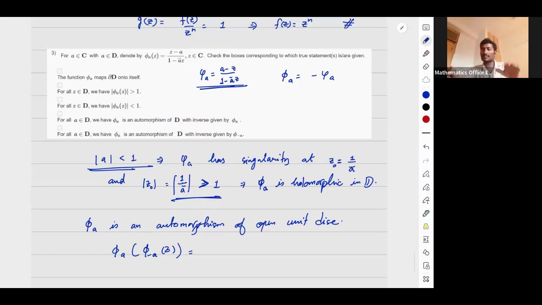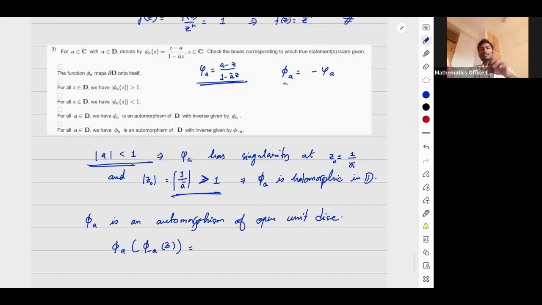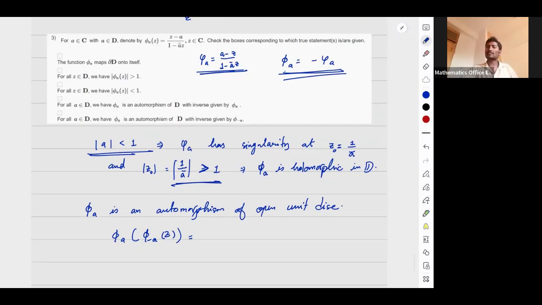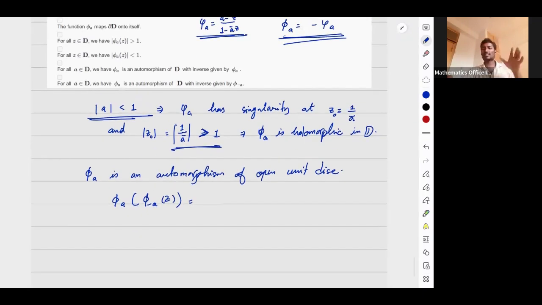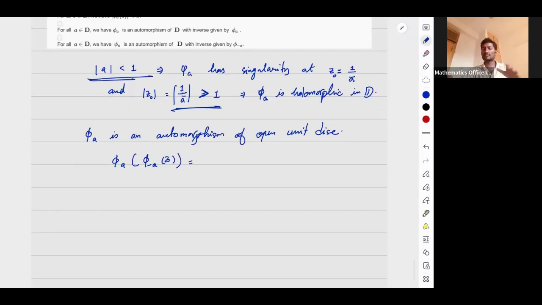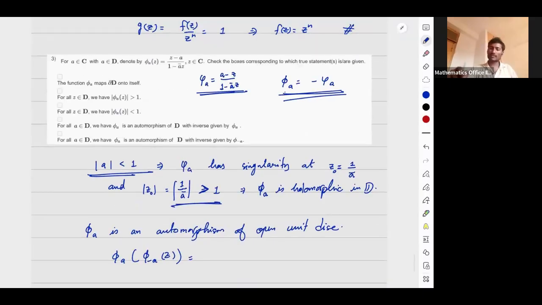Here it was self-inverse, but in the other case it is not, because it is minus of phi A. The self-inverse doesn't work here. The inverse will be phi of minus A. So that is what we are going to calculate. Is this the case? Let's calculate and see.